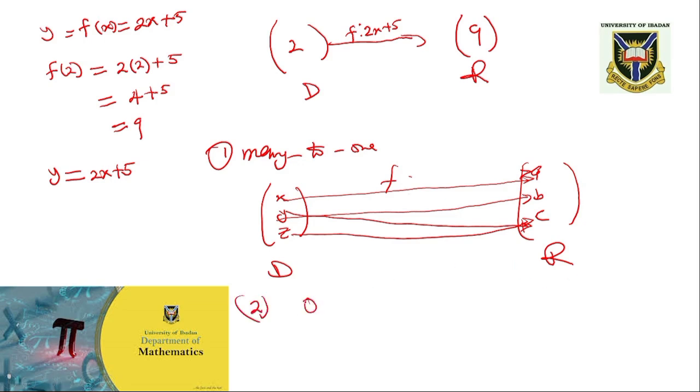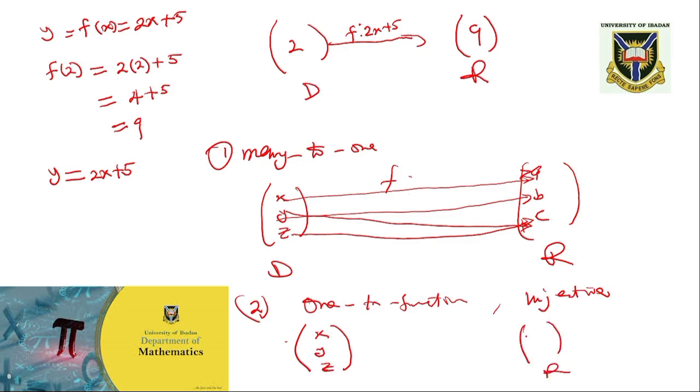This function is also called an injective function, in which case we have, let's say, x, y, z, and then we have the range here, say a, b, c, and if each member of the domain is mapped to one and only one member of the range, then we say we have a one-to-one function.